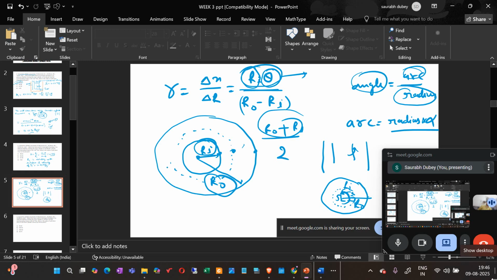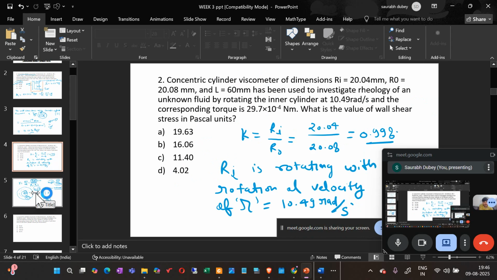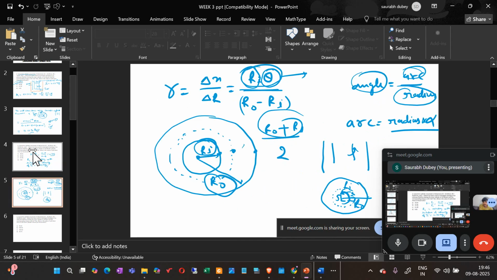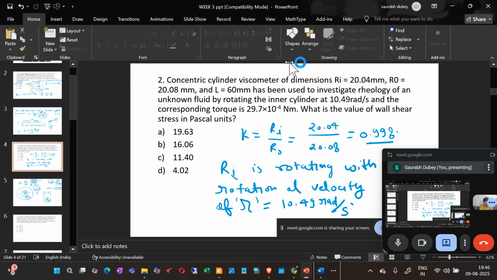And this midpoint is the point where you are actually calculating your shear rate, and this shear rate will tell you some information about the non-Newtonian property of a fluid, whatever fluid you are considering, under your experiments, right? So in the question here, you had 0.04, which is r 20.04 is the inner, and another one is 20.08.